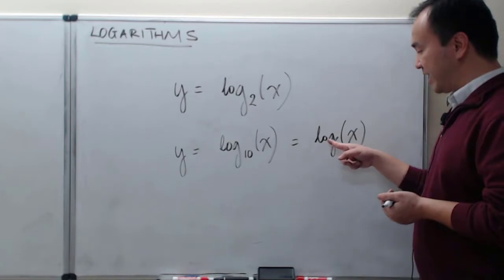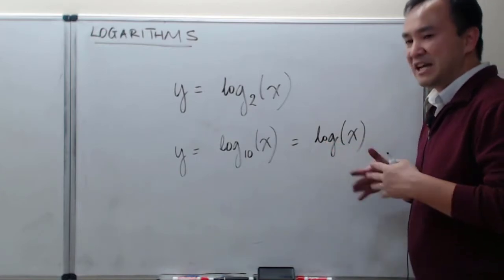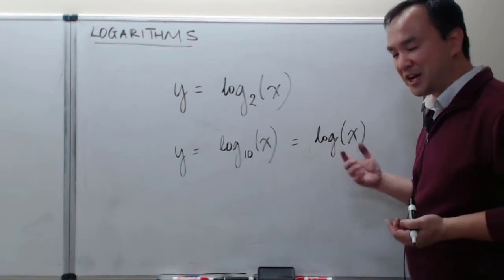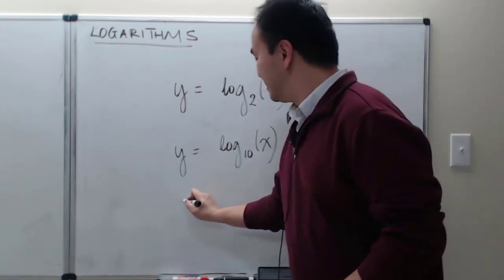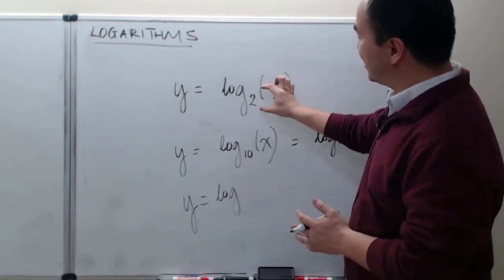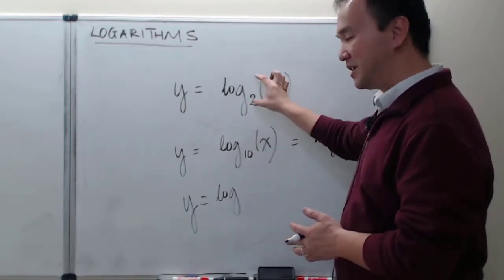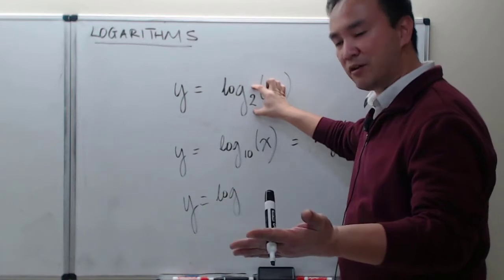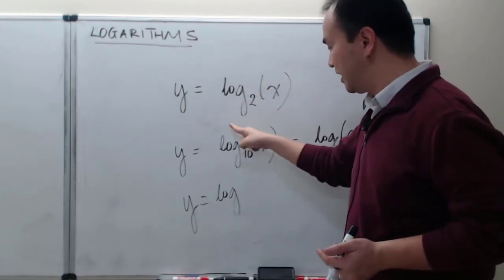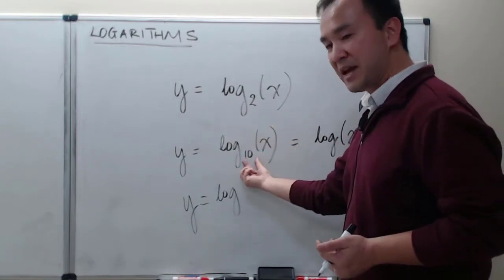We can just write log, and people worldwide who study math will understand that this is log base 10. Anytime we have a positive number, we can create a logarithm out of that base, and your pre-calculus teacher should have mentioned that as well.